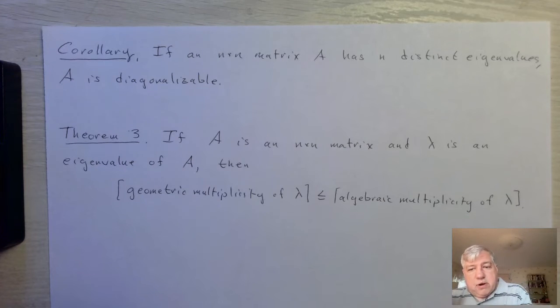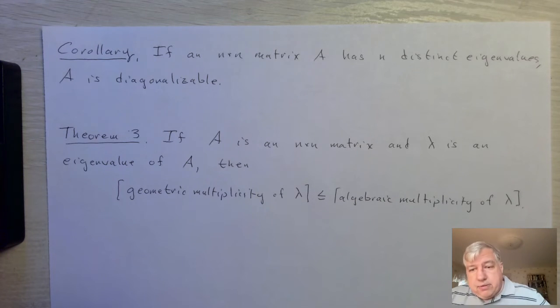However, there are lots of cases where you can have repeated eigenvalues, or many eigenvectors with the same eigenvalue, and still be diagonalizable. However, there are other cases where they're not diagonalizable.